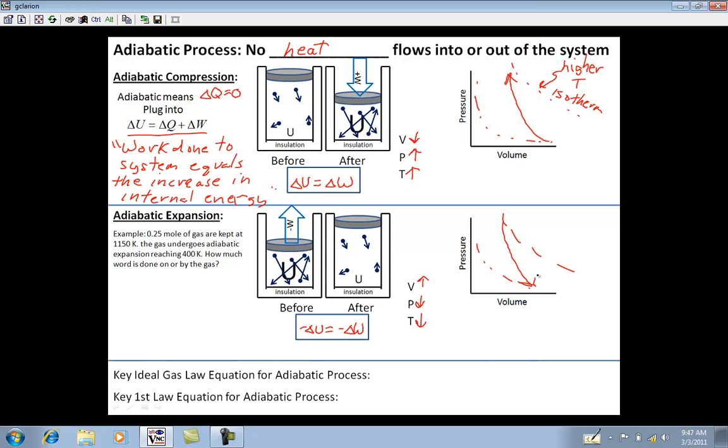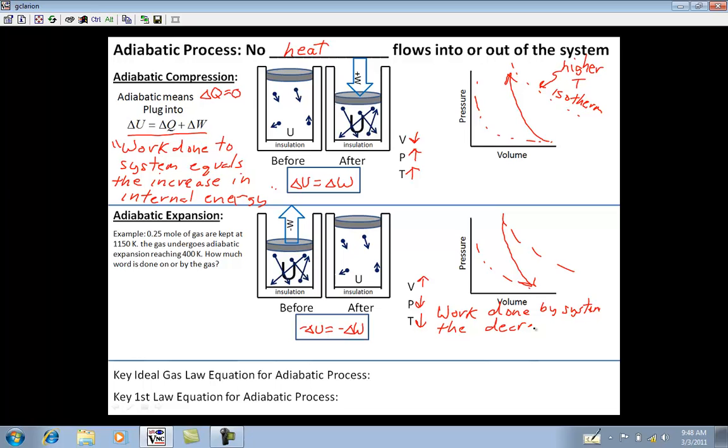All right, and so this means work done by the system. Okay, work done by the system is going to equal what? Work done by the system is going to equal the decrease in what?